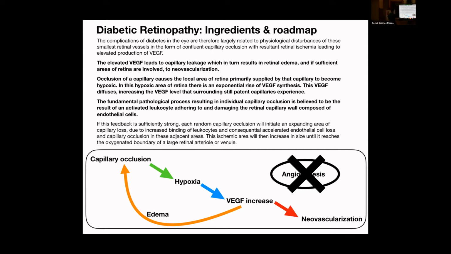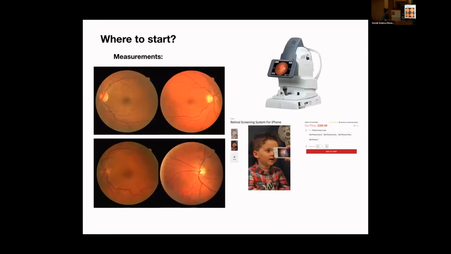If this loop goes on and on, then eventually you have neovascularization, and blood vessels fill certain parts of the retina which shouldn't be filled with blood vessels, and you can then go blind. So that's more or less the problem regarding diabetic retinopathy.